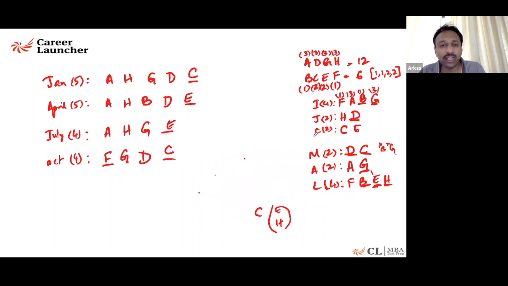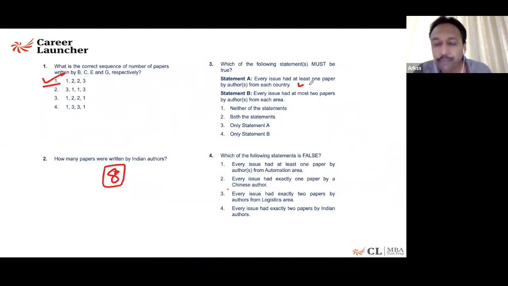So Japanese also, Chinese also is there, and Indian also is there. A, D, E, correct. A, H, E is there. F is from India. D is from Japan, and yes, this is also absolutely true. So statement A is absolutely true.